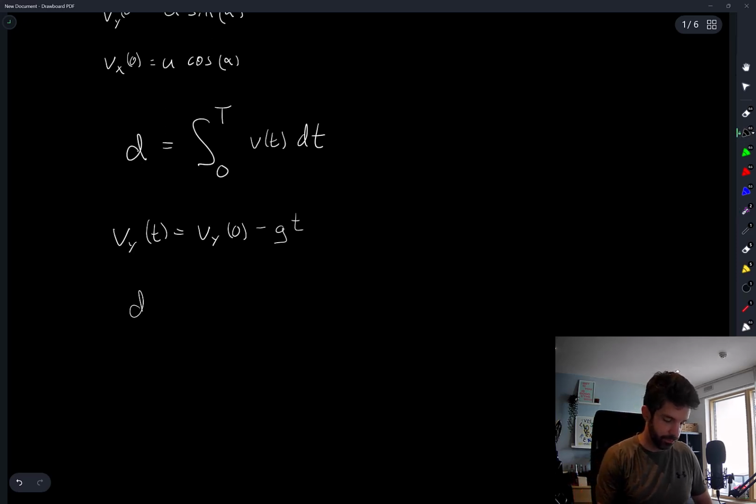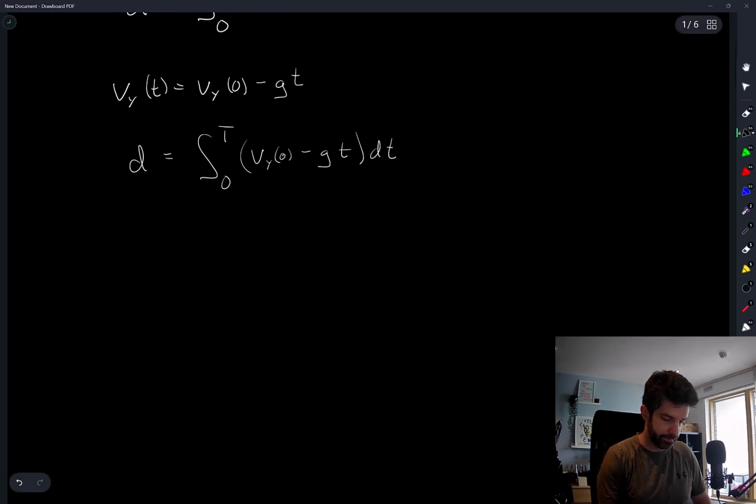So the distance that it travels is equal to the integral from 0 to capital T of Vy at time 0 minus g times t dt. So the distance is Vy of 0 times T minus g capital T squared over 2.